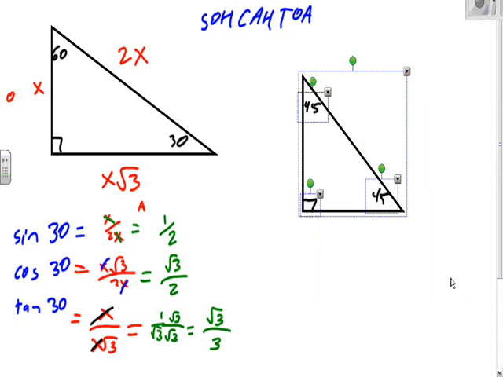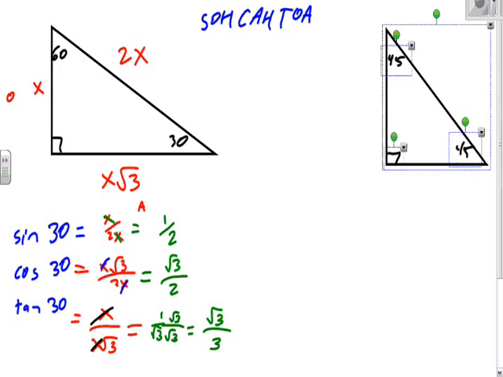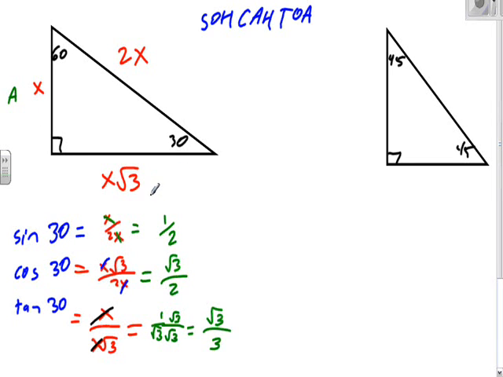And if we flip it, and now we look at the 60-degree angle, now the short leg is the adjacent, and the long leg is opposite in reference to the 60-degree angle.